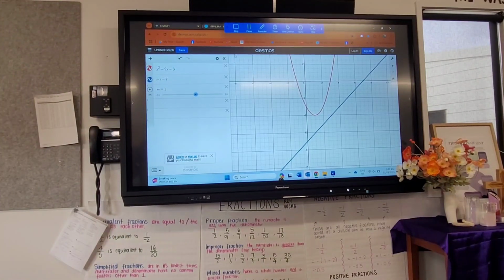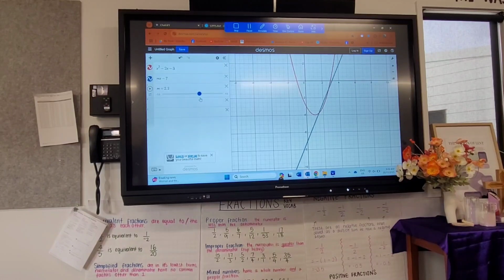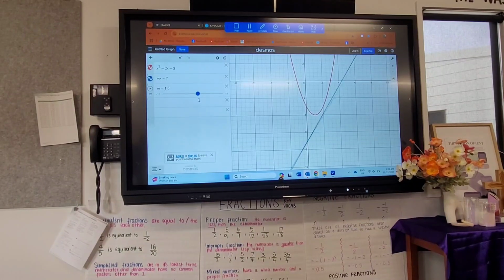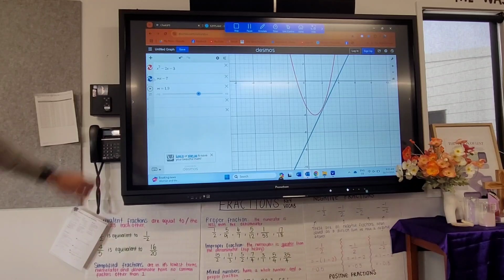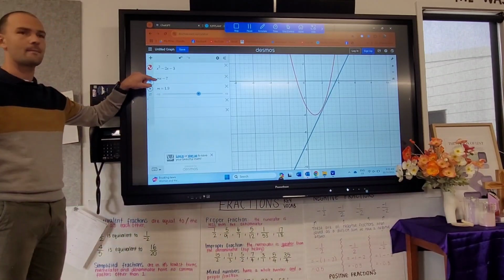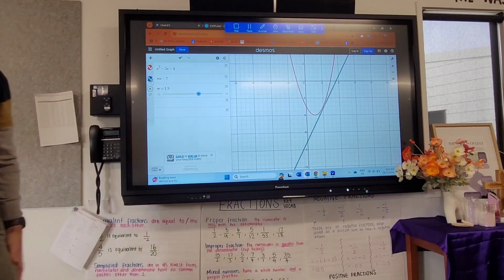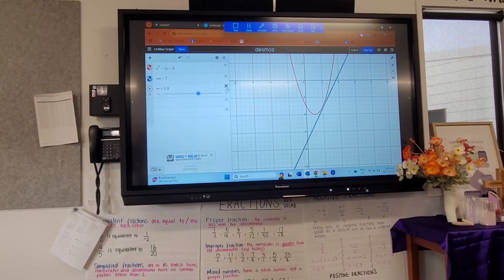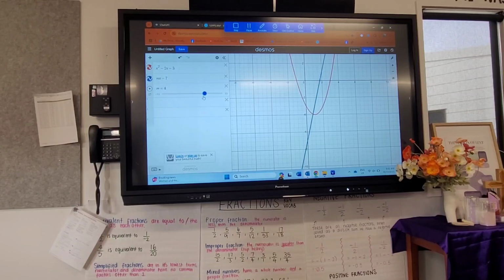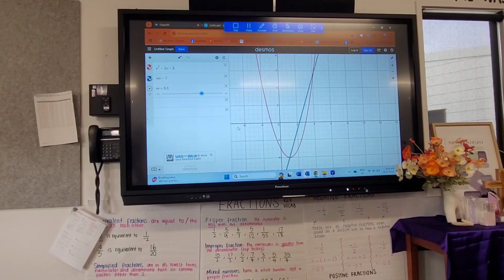We added these sliders in, and we can see that I can now drag this value and it changes the slope of the line. Because look, this is the equation of a line, y equals mx plus c, has a y-intercept of minus 7, and a slope of m. So all we're doing is changing the value of m, until there is, look, at the moment there's two solutions, all right?